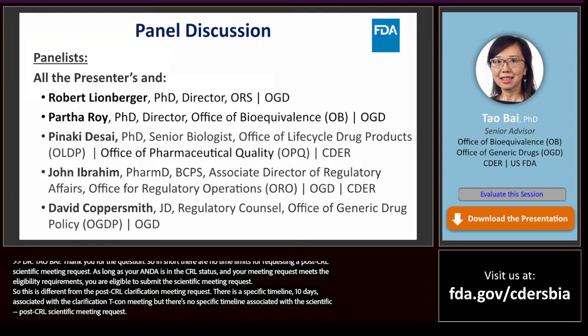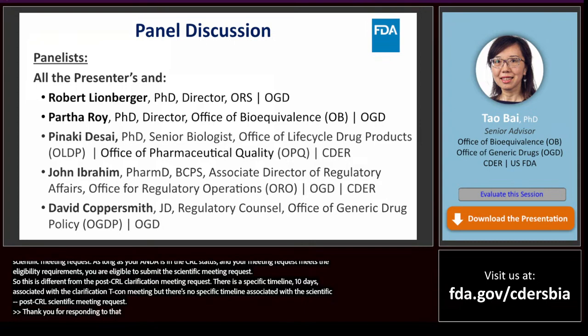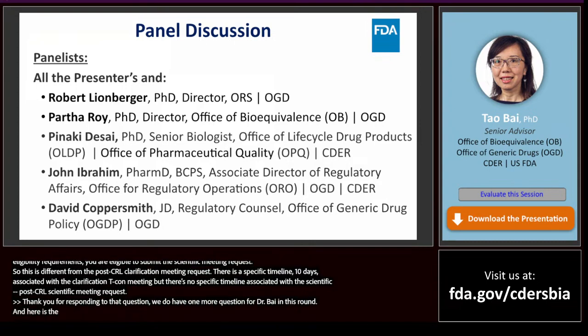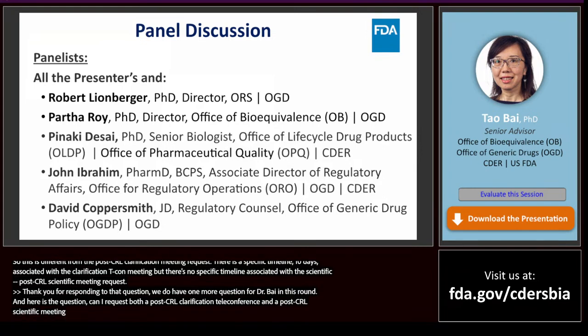Thank you for responding to that question. We do have one more question for Dr. Bai this round. And here is the question. Can I request both a post-CRL clarification teleconference and a post-CRL scientific meeting at the same time? Thank you for that question.